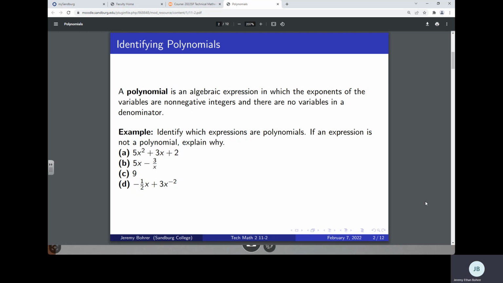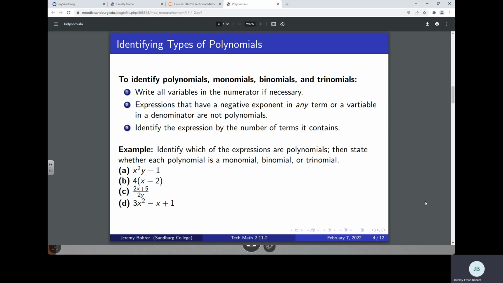So that would be a non-negative integer, and certainly 0 is a non-negative integer. So this is a polynomial. Finally, we've got D, negative 1/2 x plus 3 to the negative 2, but negative 2 is a negative integer, so this is also not a polynomial.